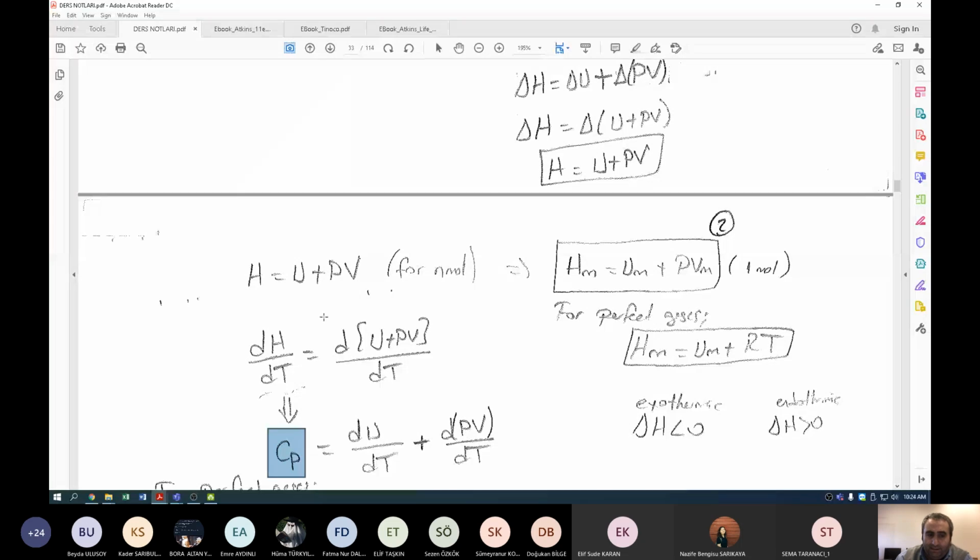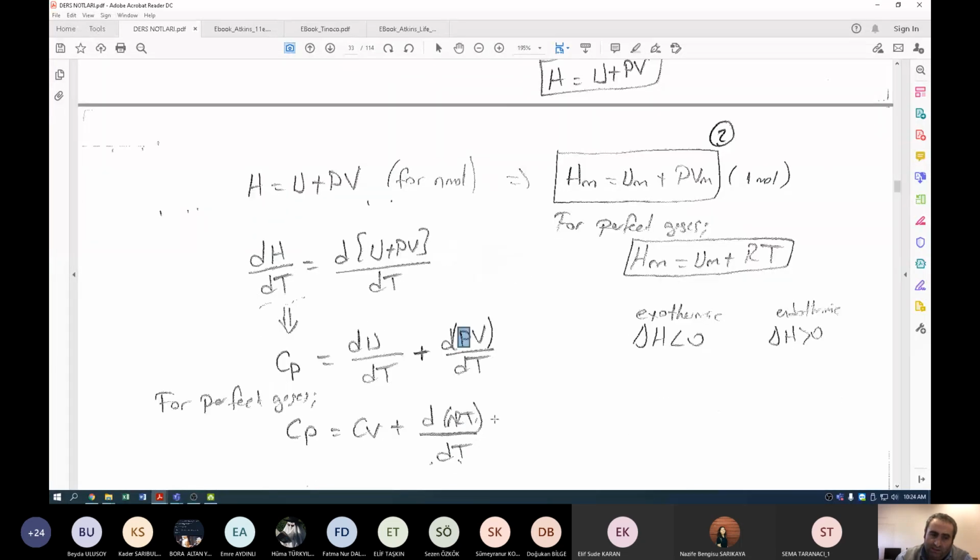When we take the derivative of this whole thing with respect to T, we get delta U over delta T, and we get delta PV over delta T. Since pressure is constant, we can take it out, or we can write PV equal to nRT over delta T. So when we take this as the Cv, now we know Cp, and the derivative of this is going to yield nR.